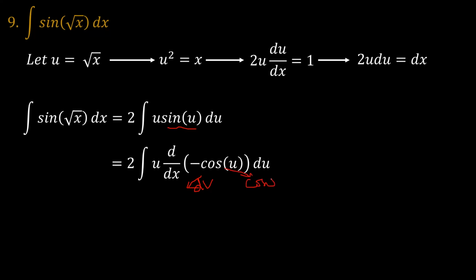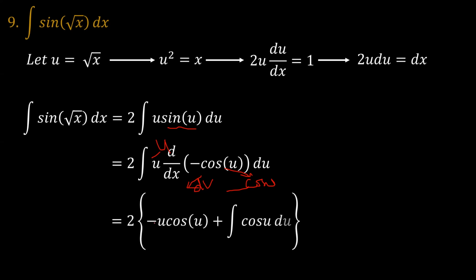negative cosine u, and this being our capital U, so that when you're integrating by parts, we get the product of u and v, which is negative u cosine u, minus the product of the derivative of u, which is du, which is 1, and then v, which is cosine u.